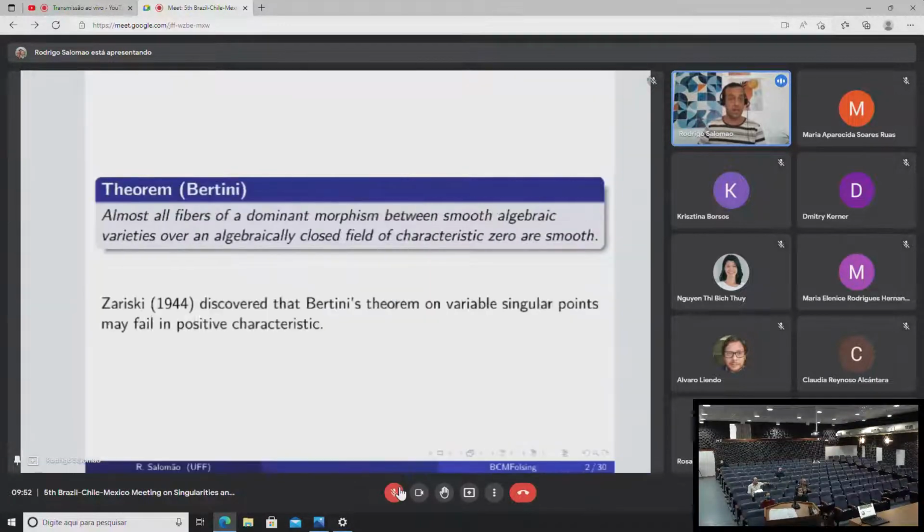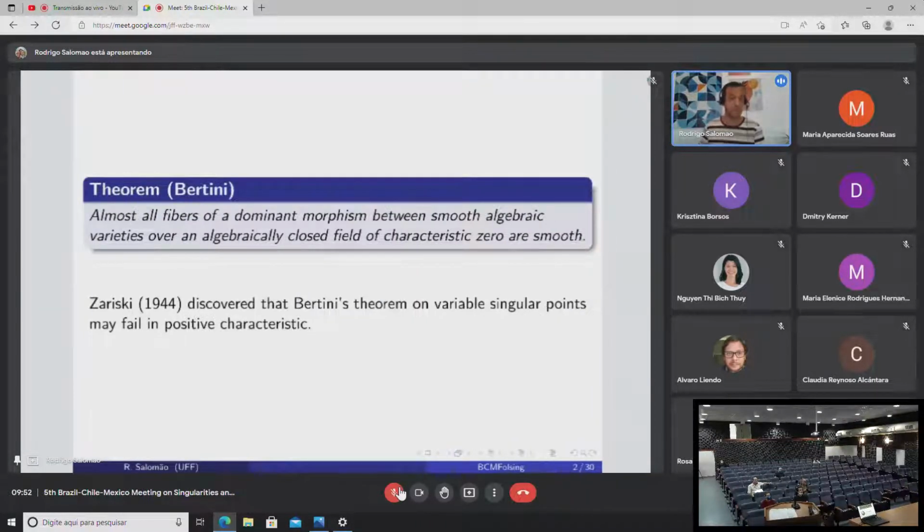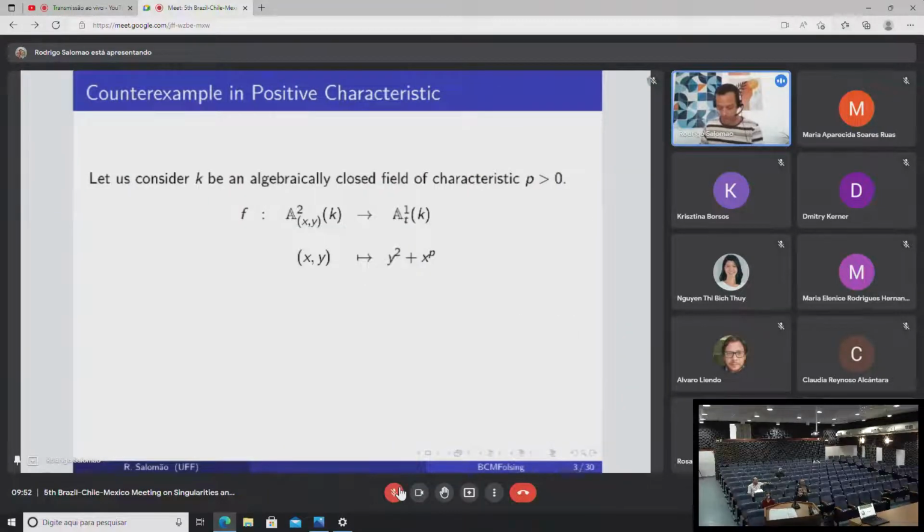However, this result is no longer true when we pass from characteristic 0 to positive characteristic, as was discovered by Zariski. Now we give an easy example to see this problem.